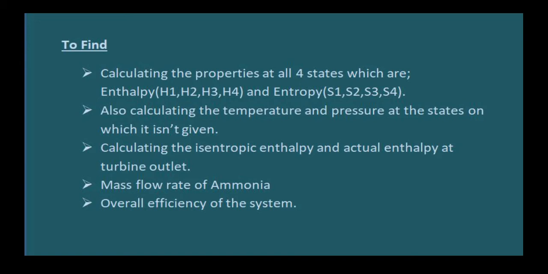As the isentropic efficiency of the turbine is 80%, we have to calculate the actual enthalpy and isentropic enthalpy at the turbine outlet. As asked in the question, we also have to calculate the mass flow rate of the ammonia and the overall efficiency of the system. So we start solving our problem in the software.